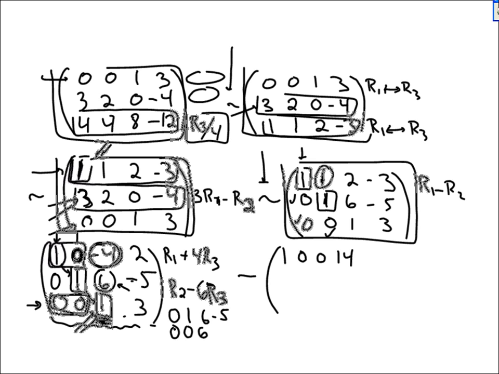The third matrix, all I did was interchange 2 rows, kept the second one the same. So matrix 3, I don't see a problem. Matrix 4, I change the second row: 3 times row 1, take away row 2. Okay, negative 1.